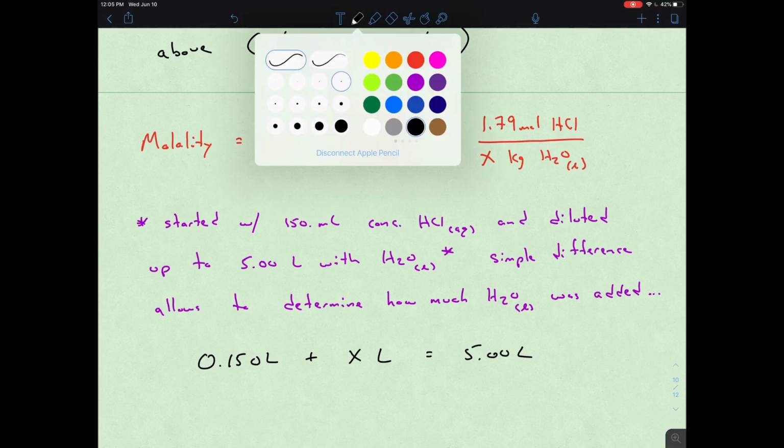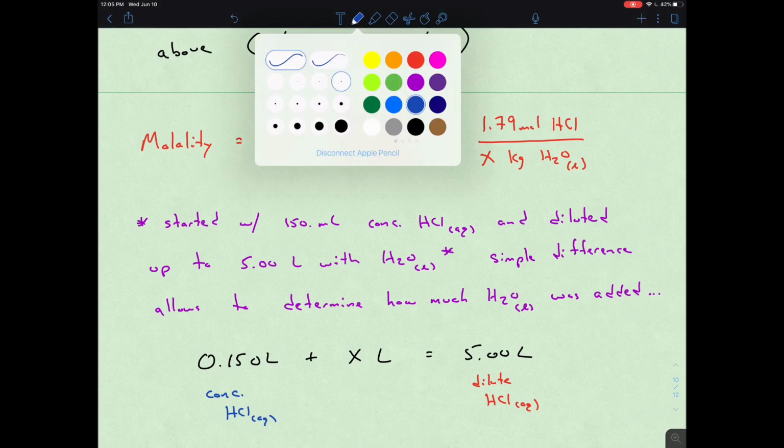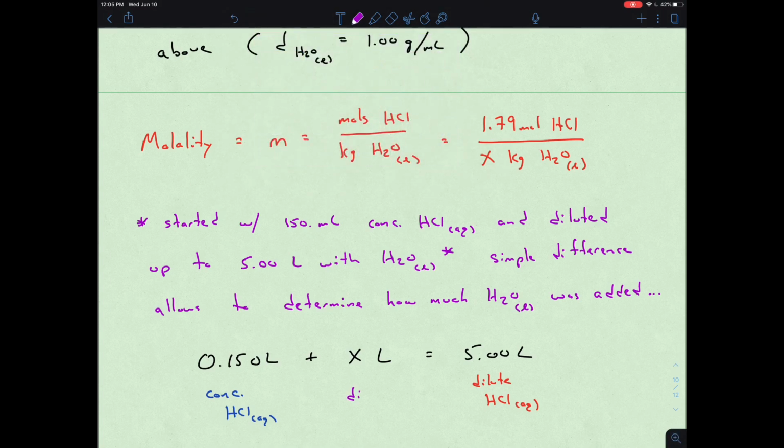So we have our dilute HCl, we have our concentrated HCl, and then here is the dilution volume.